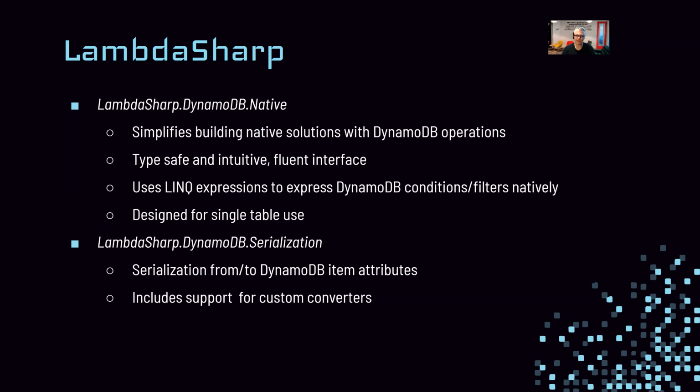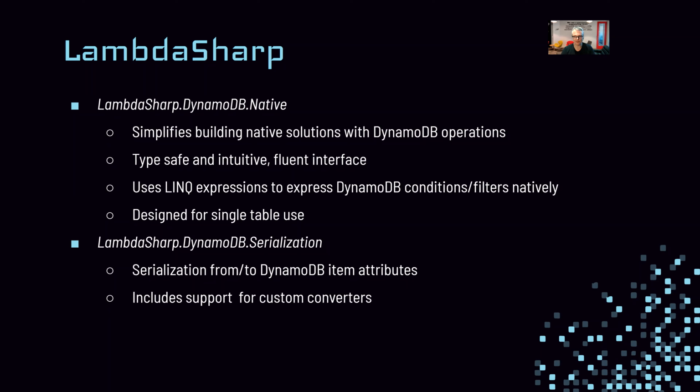So if we can tap into LINQ expressions and parse them and generate the corresponding DynamoDB conditions or update expressions, we can make our lives a lot easier, and we did. It's gloriously delicious to work with DynamoDB now. I'm going to be biased in my assessment. The particular library here, LambdaSharp DynamoDB native, is a standalone library. You don't need anything else.